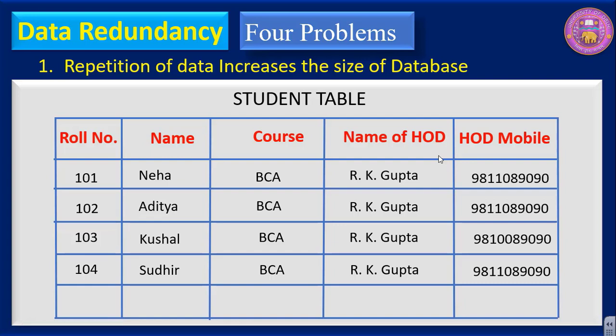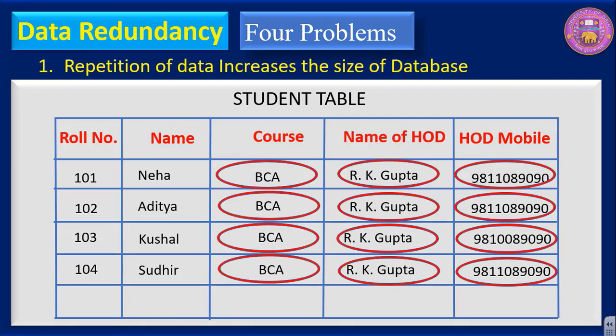If same information is there, then it increases the size of database unnecessarily. The memory size increases, based on the number of times this data gets repeated in the field course, name of HOD and HOD mobile.